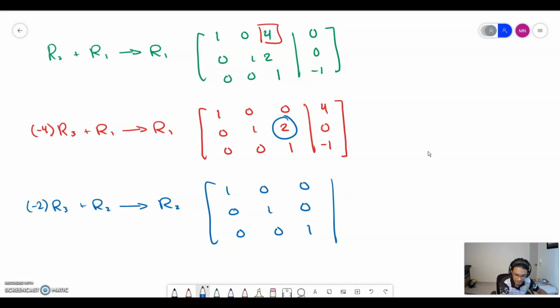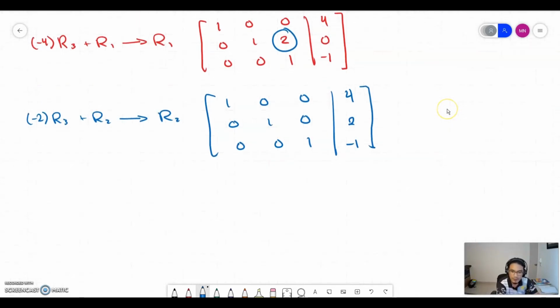And on the right side, we have 4, 2, -1, which are the numbers that we are looking for. From that, we can say that the value of x from the linear equation is equal to 4, y equal to 2, and z is equal to -1.